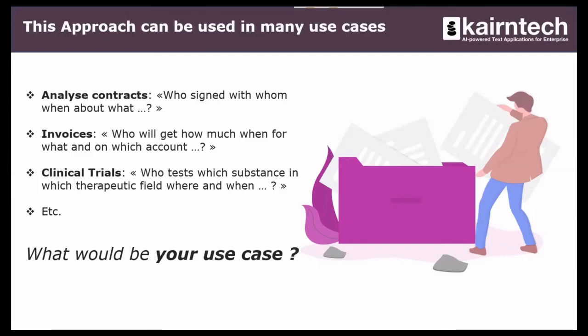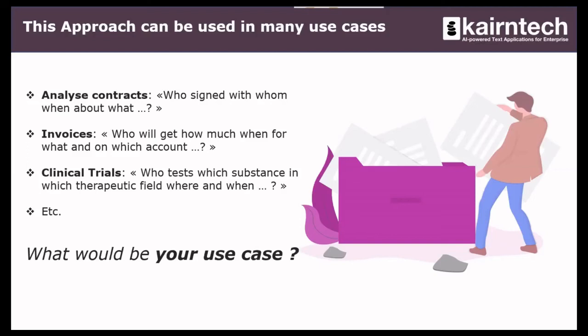You have seen Vincent presenting a couple of these prepared projects that are on the platform right now. Some are about contracts, some are about customer feedback. A second example here could be invoices. I have an invoice, I mark up who sent this invoice when, to whom, about what, and what was the final amount.